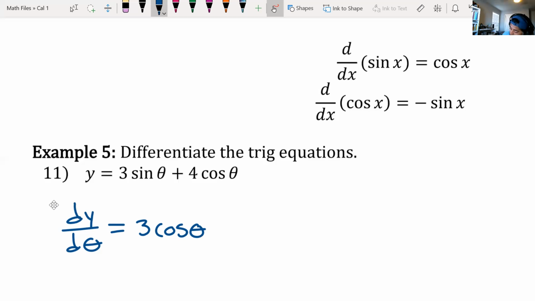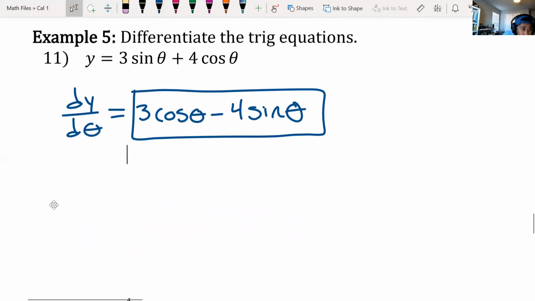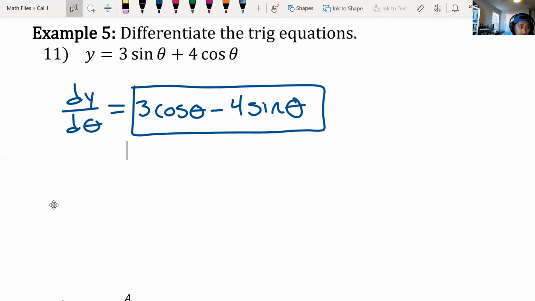Negative 4 sine theta. That's it. Negative 4 sine theta. Any questions on that one? Okay. Do it again.